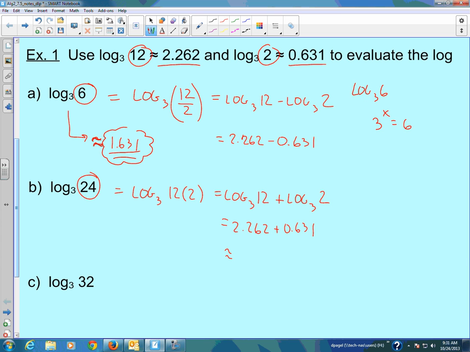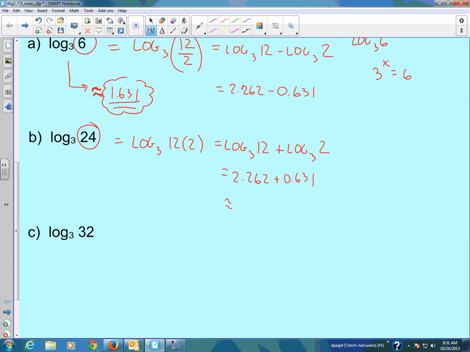Now we get an approximate answer of 2.893 for what log base 3 of 24 is. Again, 3 to what power? 3 squared is a 9, 3 to the third is a 27, and 24 is closer to 27, so that means I'm going to be closer to that 3 value, and 2.893 is closer.